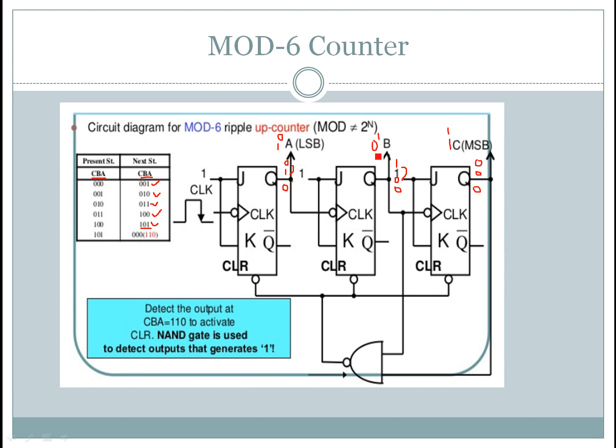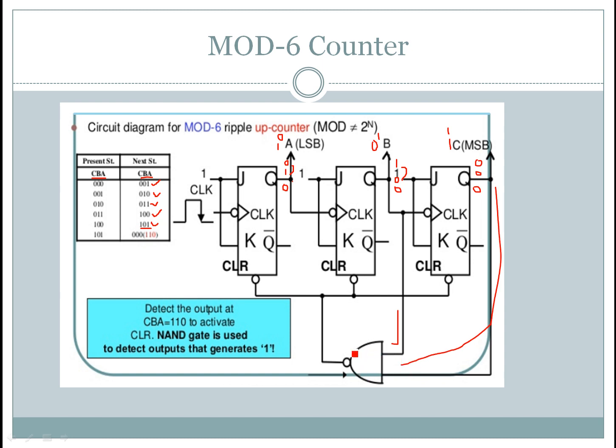But once the output is 110, you can see here I use the NAND gate. Because the second flip-flop and third flip-flop outputs are 1, I have to consider those two outputs and connect them to the NAND gate. You can see here the output of the second flip-flop connected to one input of this NAND gate, and the output of this third flip-flop is connected to the other input of the NAND gate.